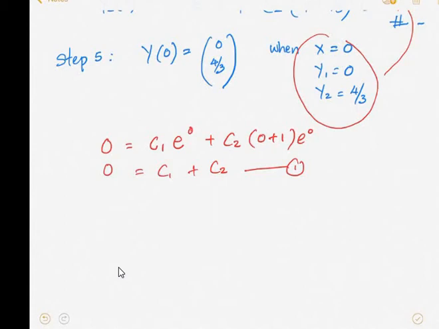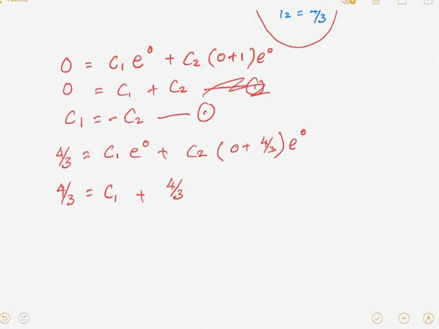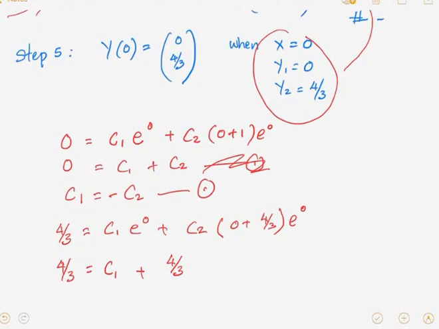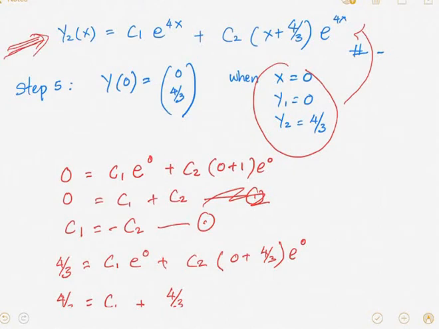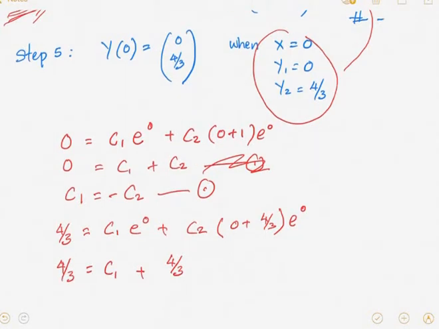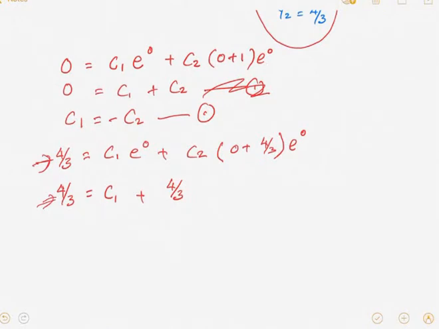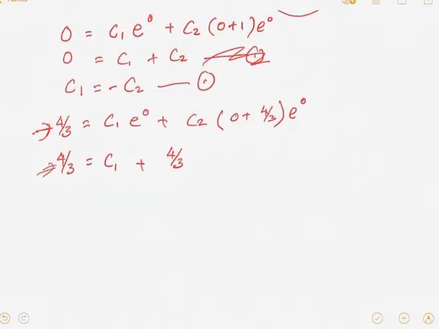Now we simplify, and x is equal to 0, so you get this equation and you simplify: 4 over 3 equal to c1 plus 4 over 3 c2. So this is the second equation.